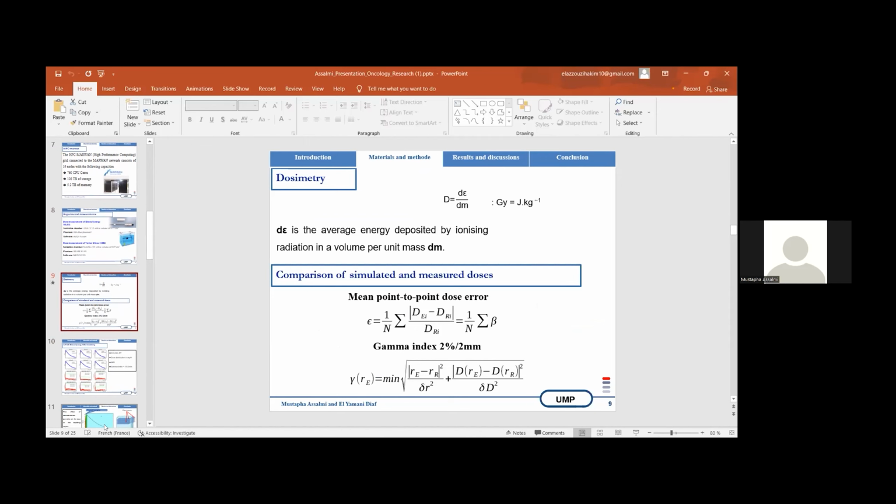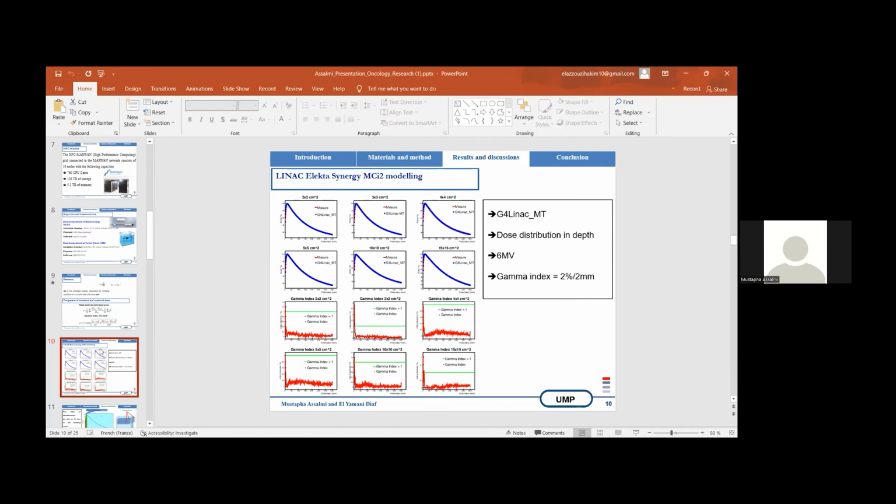The comparison between the dose simulated by Monte Carlo and the experimental measurements is based on the mean dose error and the gamma index, fixed at 2% and 2 millimeters. So here are the results of the validation of Monte Carlo against experimental measurements in different field sizes for Elekta Synergy MLC, with Monte Carlo simulation carried out by GATE 4 Linac MT for 6 megavolts.